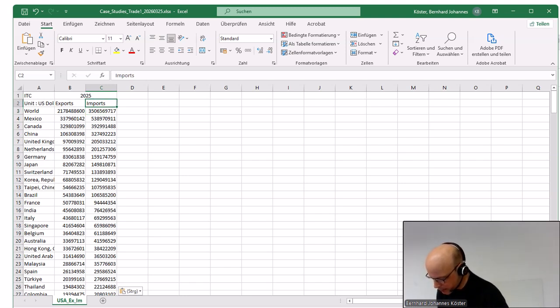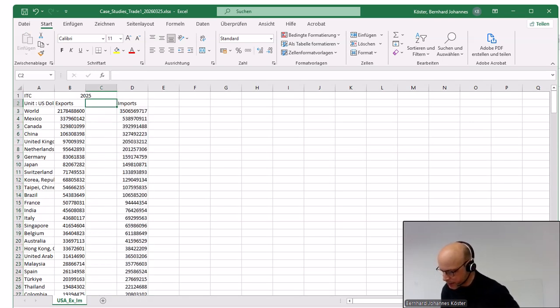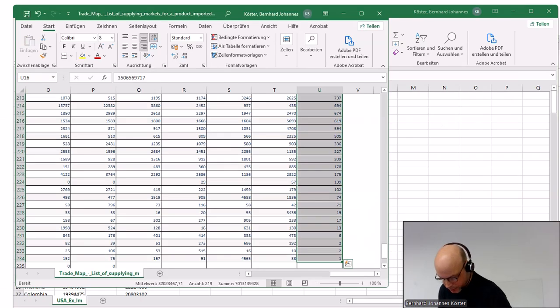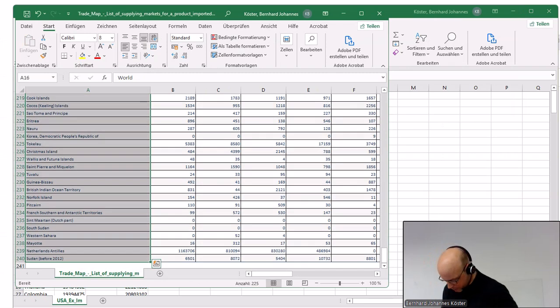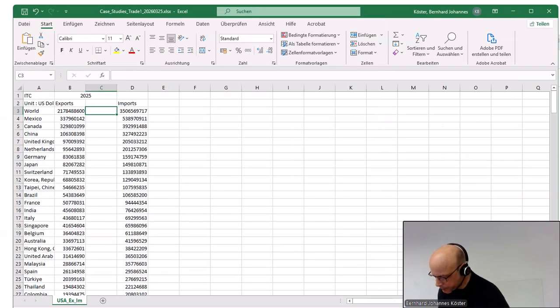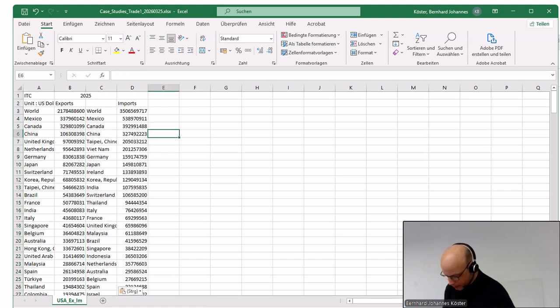Oh, now I also made a mistake here, because of course the import data with the trading partners have other countries here in the volumes compared to the exports. So now here we are.